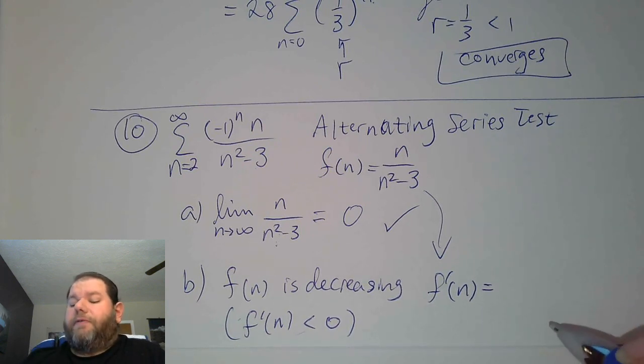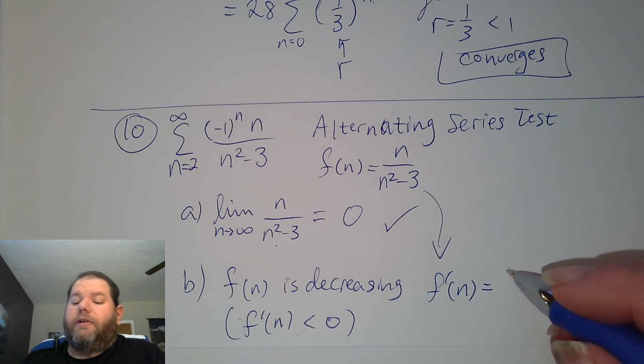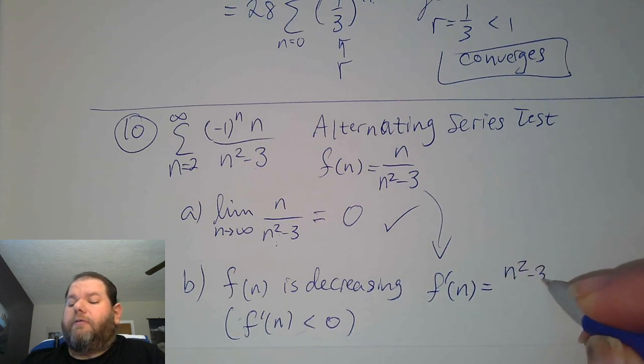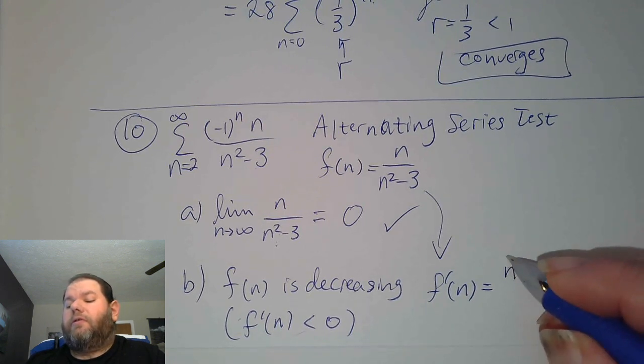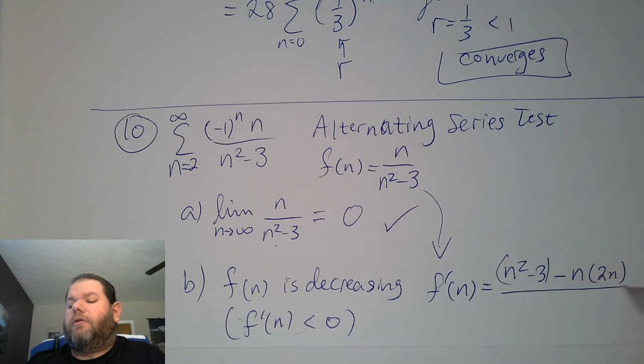So we take the derivative of the top, which is 1, times the bottom, n squared minus 3, minus the top times the derivative of the bottom, 2n, over the denominator squared.